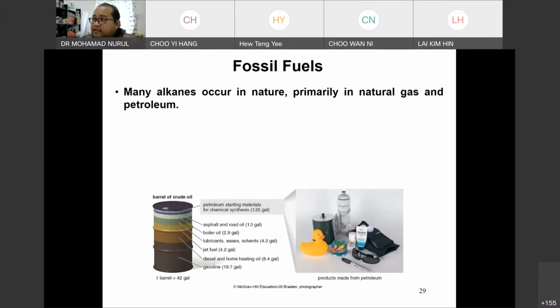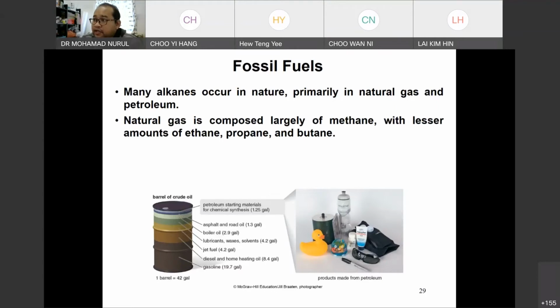Many alkanes occur in nature, primarily from natural gas and petroleum sources. Natural gas is composed largely of methane, as a gas, because the number of carbons is quite small, with lesser amounts of ethane, propane, and butane.